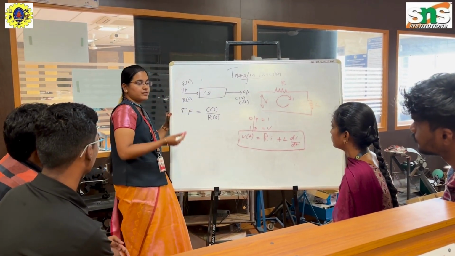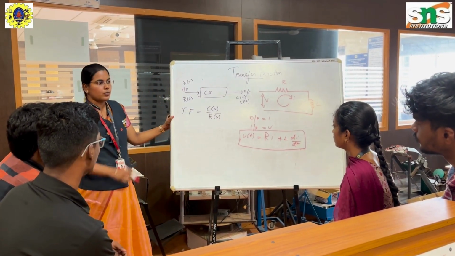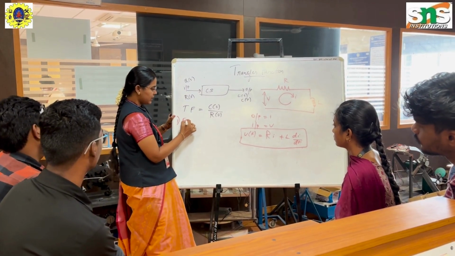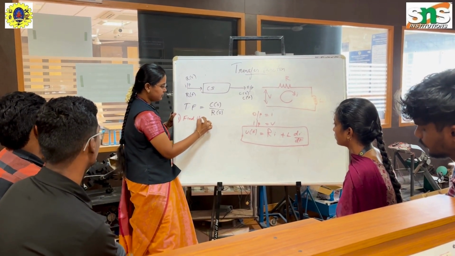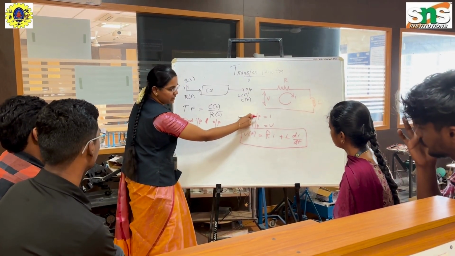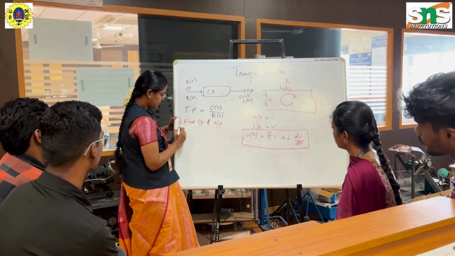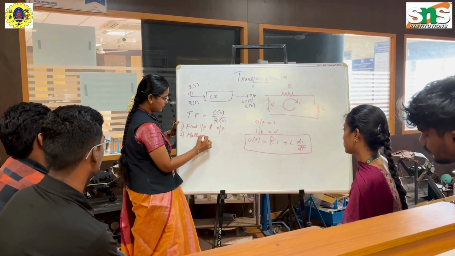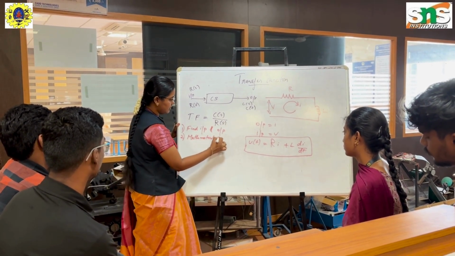Now I have to find out my transfer function. Whenever I have a circuit, the first step is to find out the input and output. Yes, I have found my input and output. The second step is to find the mathematical equation, which I have written.